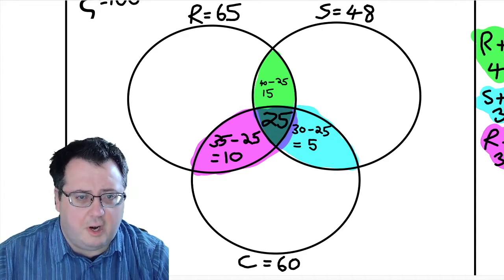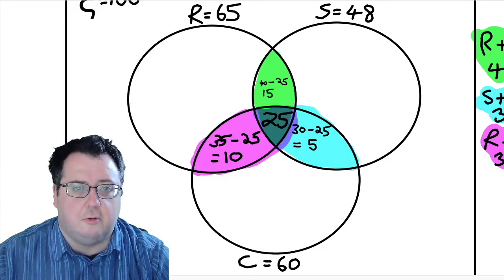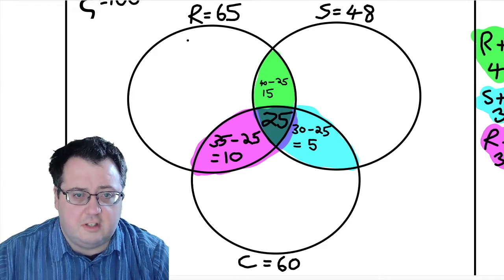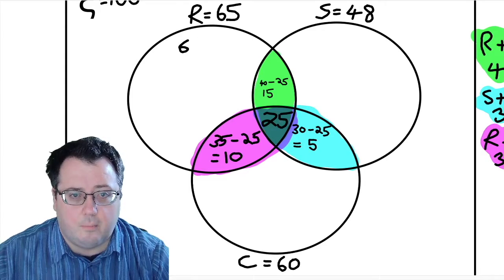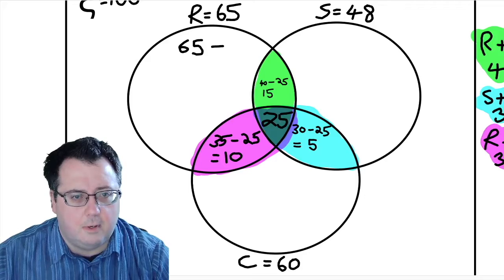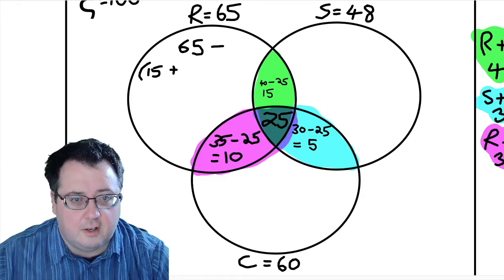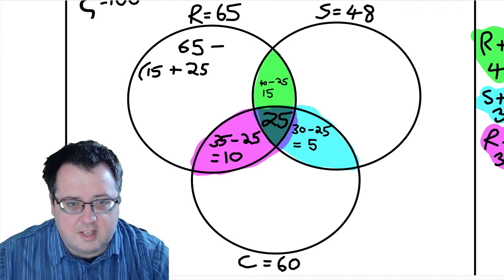We know that for the running circle, that's the whole circle, the total is going to be 65. So I'm going to need to do 65 subtract, and I'm going to open a bracket, 15 plus 25 plus 10, and then I'm going to close the bracket.